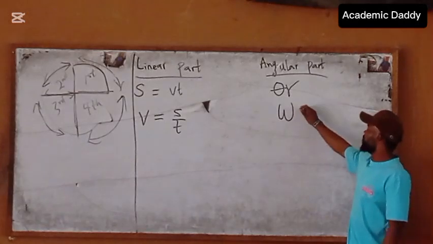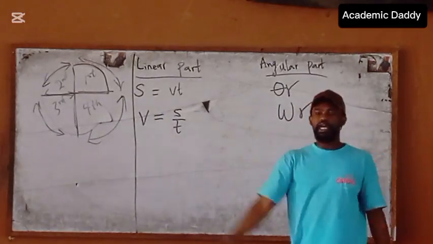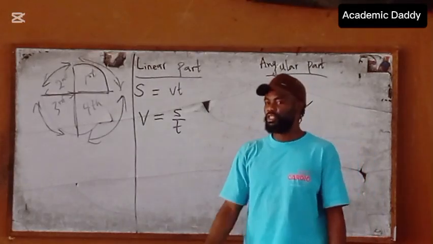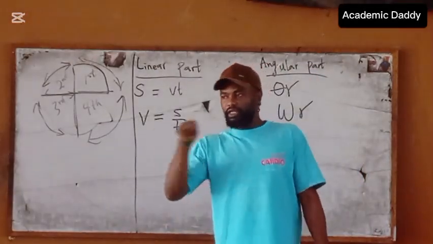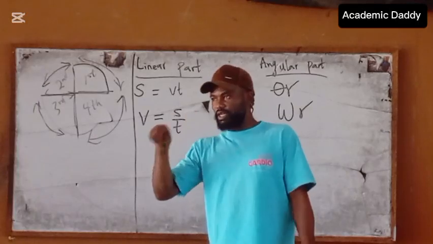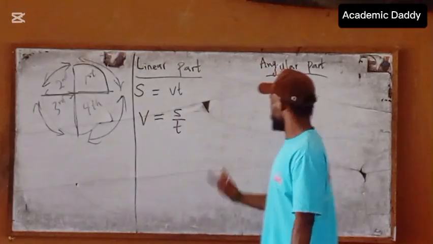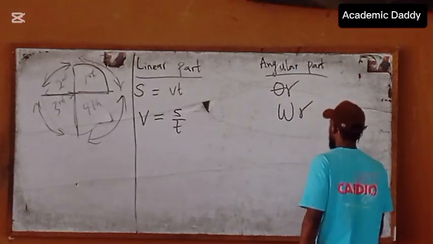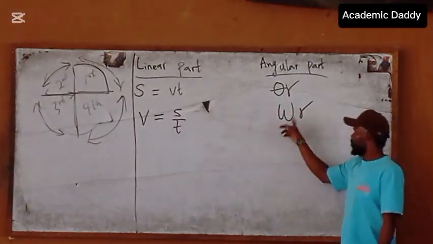So this means that velocity in angular or circular motion is going to be W times R. I will call this the angular velocity. Some people call this omega. So that thing in linear motion we have, in circular motion we have, and we know that it's equal to S over T, which means that velocity is equal to omega R.